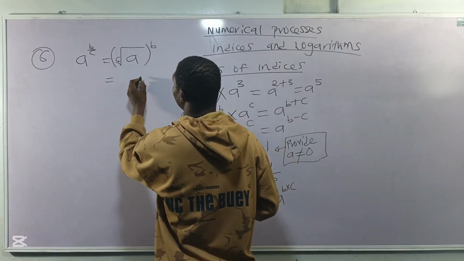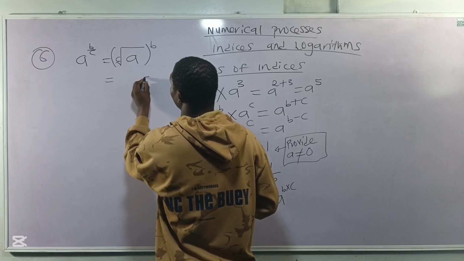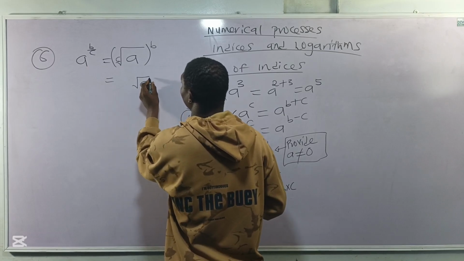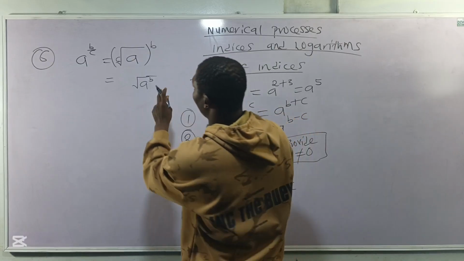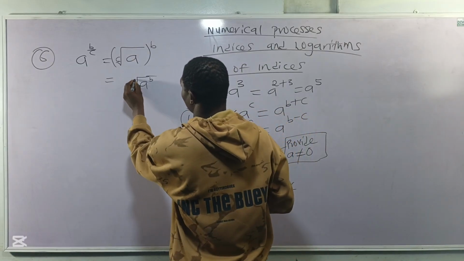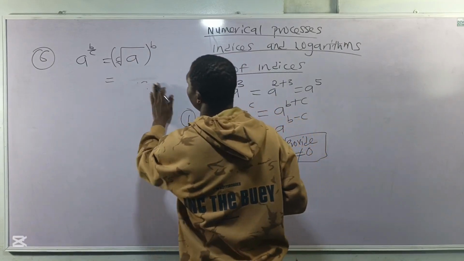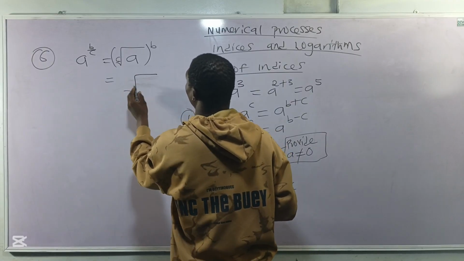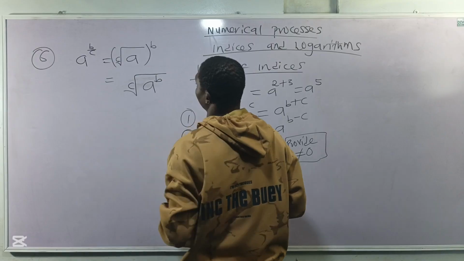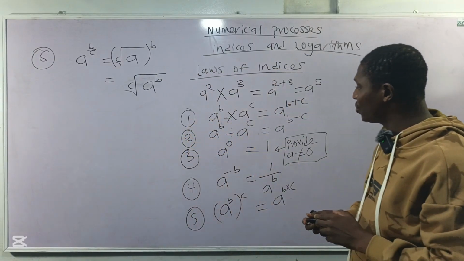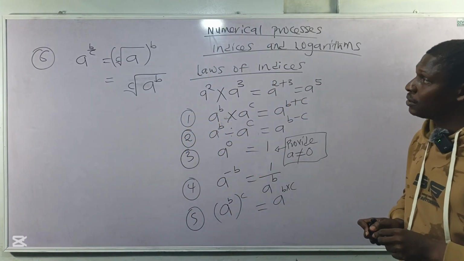This is the same as saying the power a raised to power b first before the root of c. This can be written in any form. Both are the same. So these are the laws of indices.